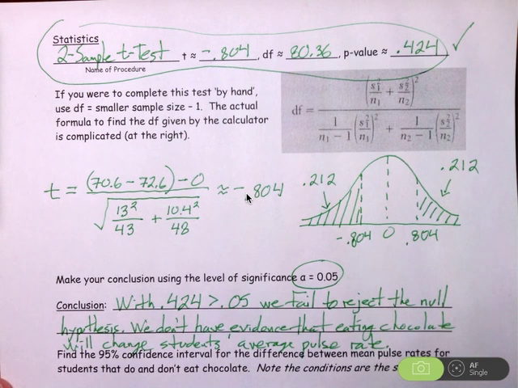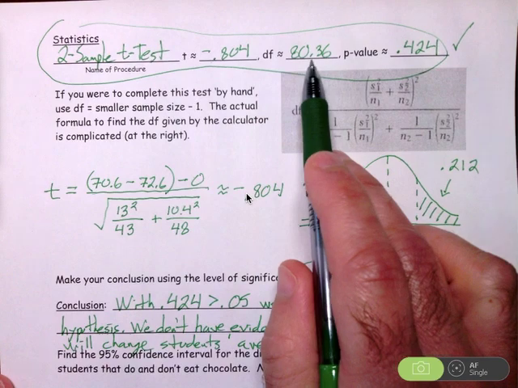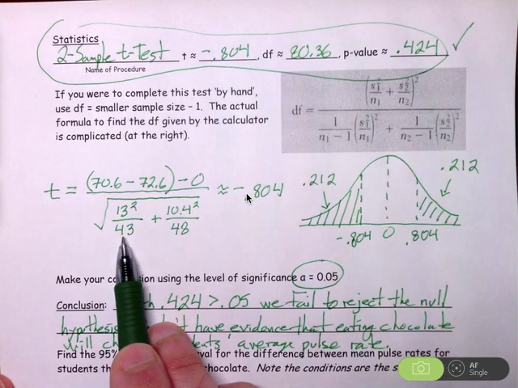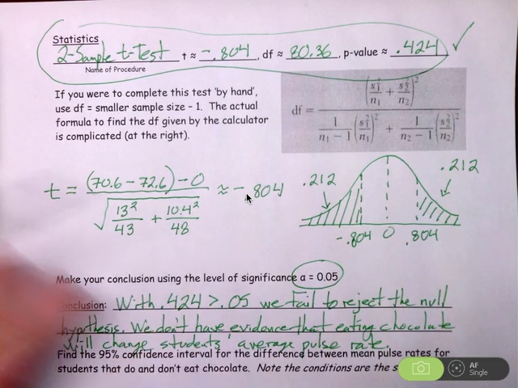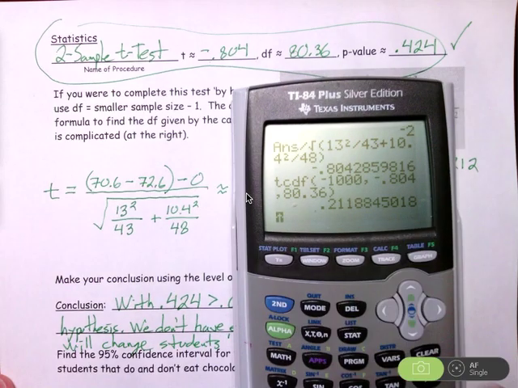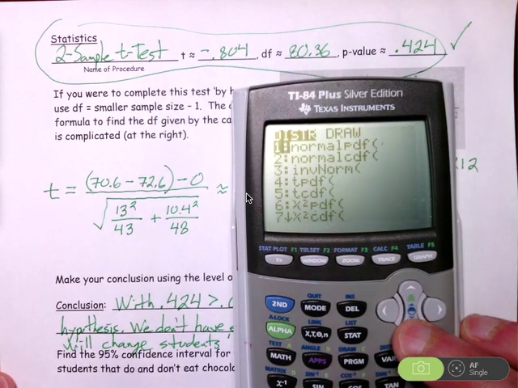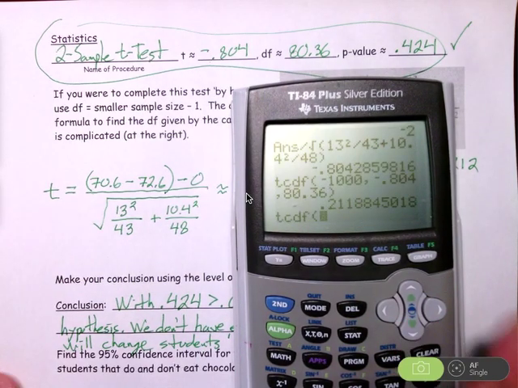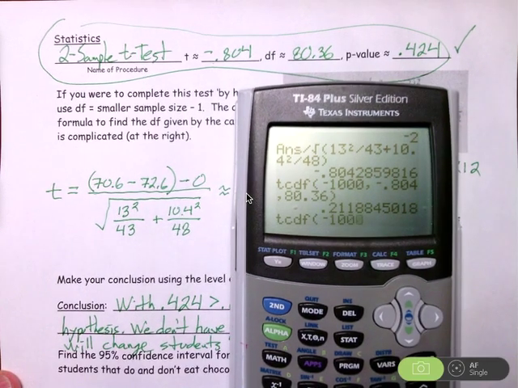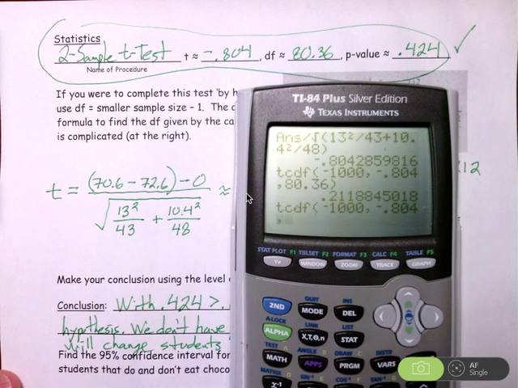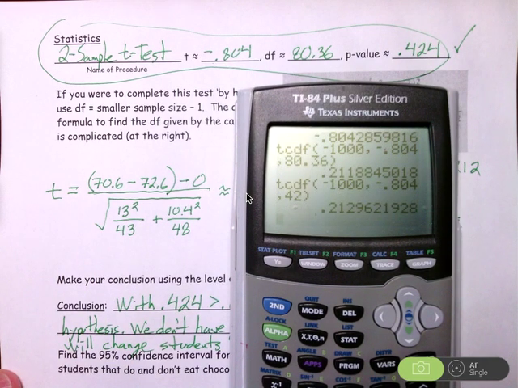So, bottom line, just for fun, I will show you, if you didn't have the 80.36, the degrees of freedom that you would want to use is 42. So I'll show you that same command using the 42. And what's important here, I'll put in my large negative number, I'll put in my negative 0.804, and then I'll put in the 42 degrees of freedom. So notice you get a slightly different value.